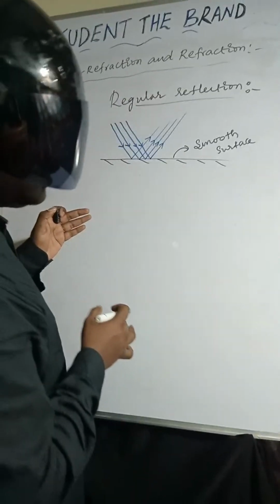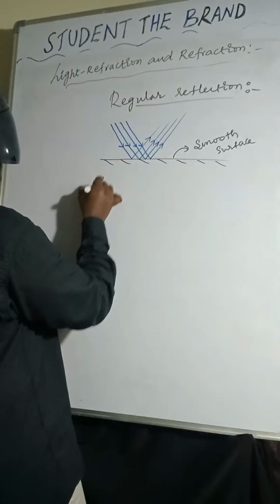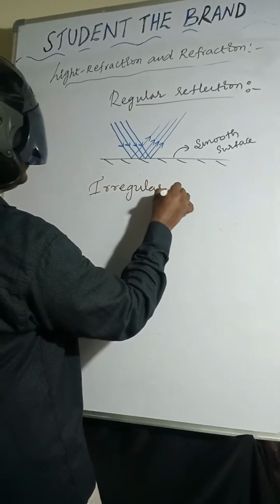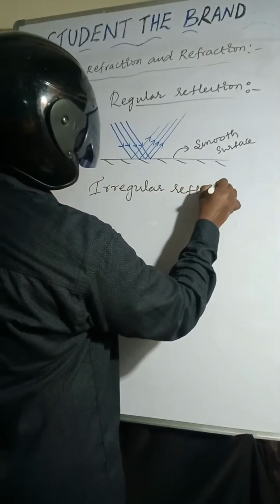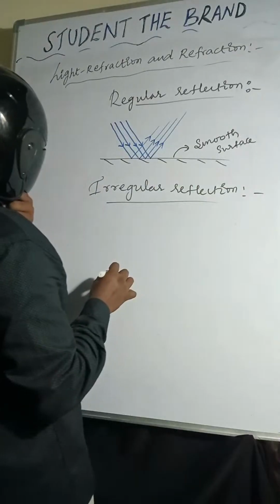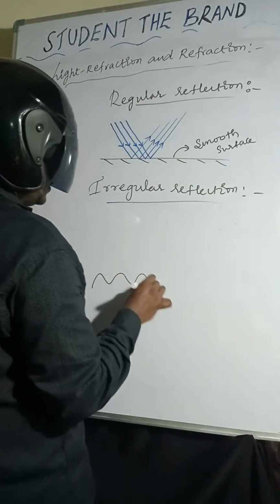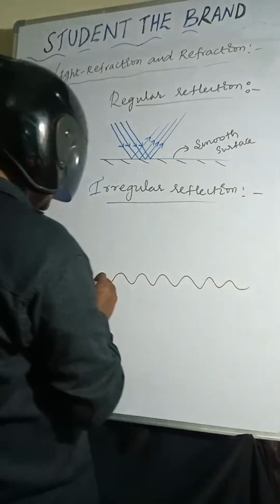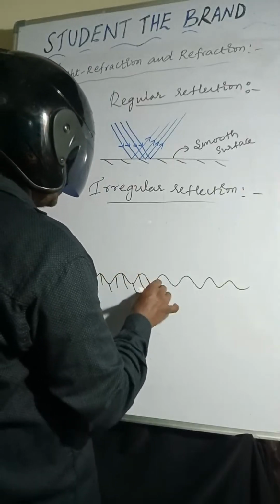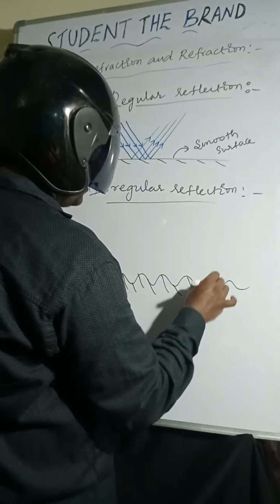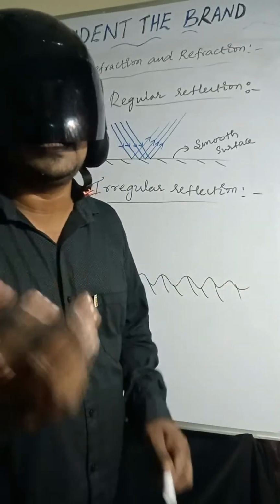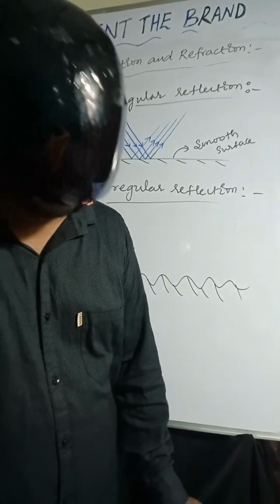Coming to irregular reflection. This is about an irregular surface. Incident light rays are parallel, but reflected light rays are not parallel to each other.